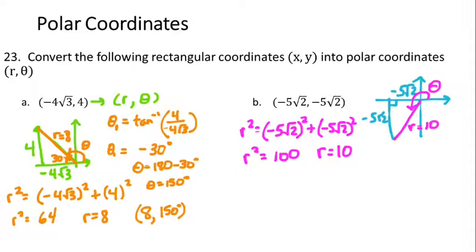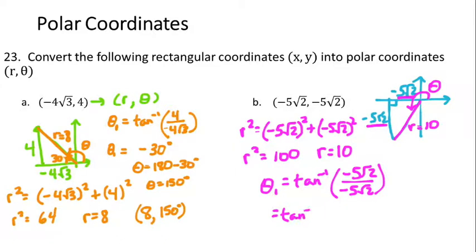We also need to find theta. Now one thing that I'm noticing here is that both sides have the same value. So theta 1 is going to be the inverse tangent of negative 5 square root of 2 over negative 5 square root of 2, which is actually the inverse tangent of 1. And so hopefully we remember from our unit circle that means that our theta 1, our reference angle, is 45 degrees.